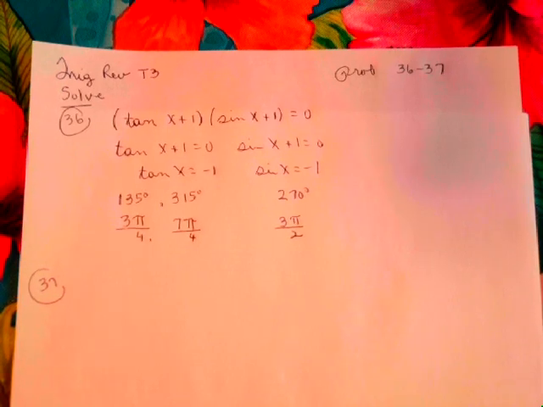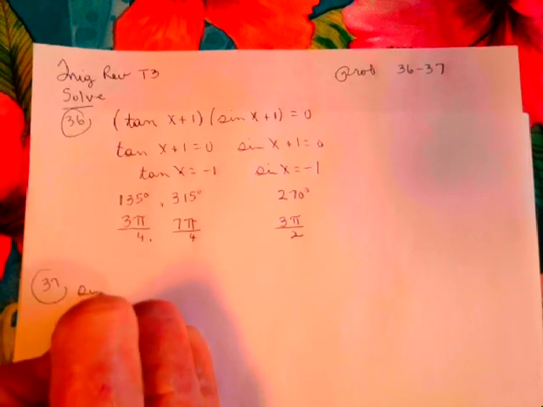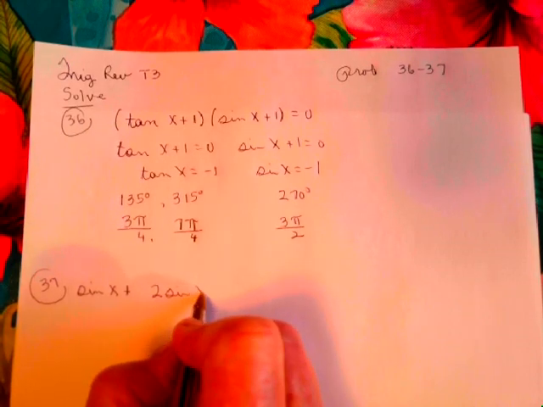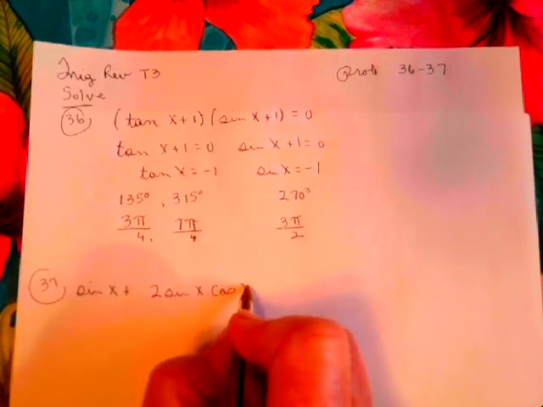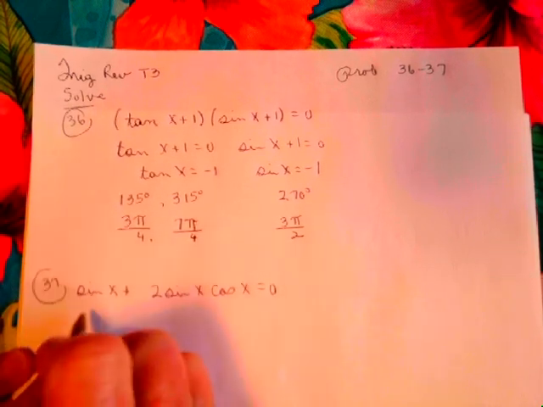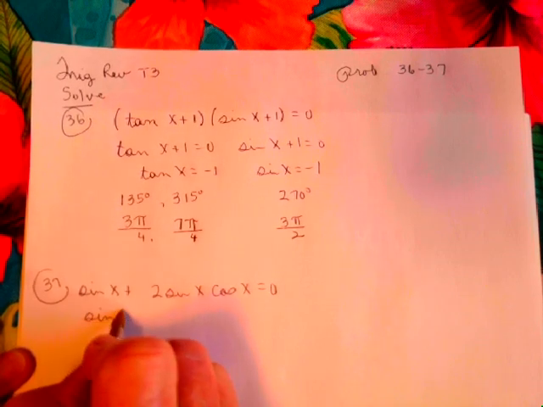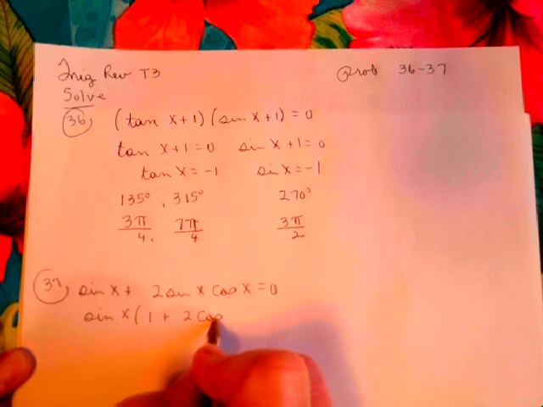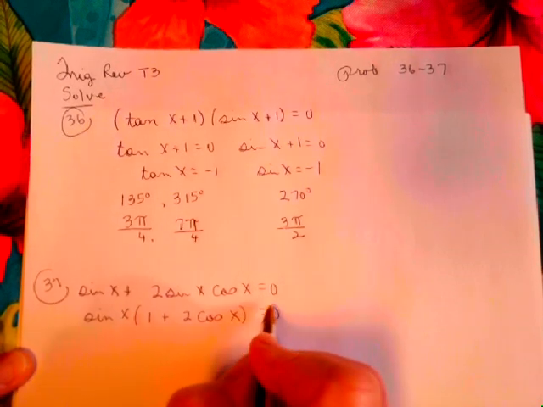Number 37. Solve the sine of x plus 2 sine of x cosine of x equals 0. I can factor out sine of x out of both of those. I'll have sine of x times 1 plus 2 cosine of x equals 0.